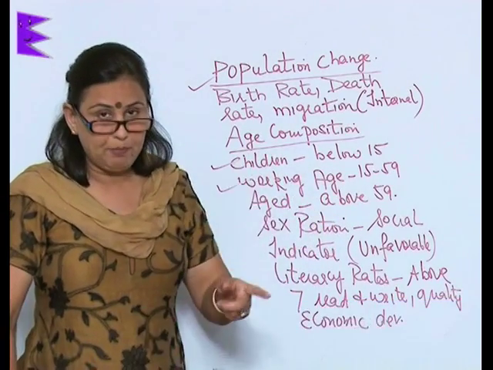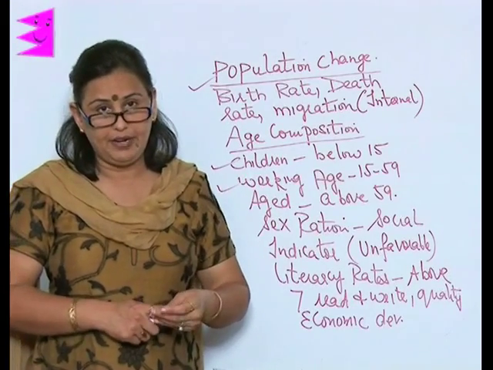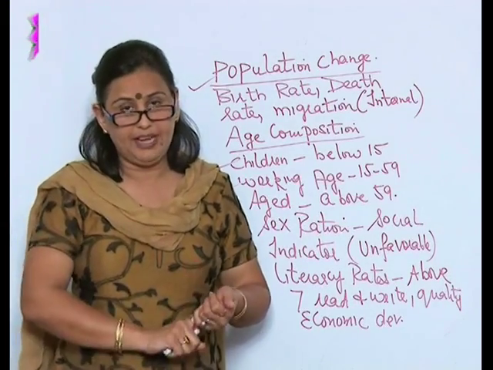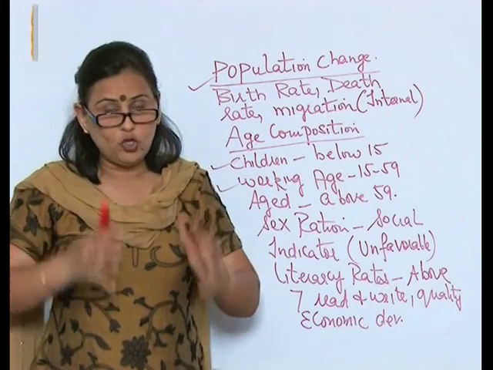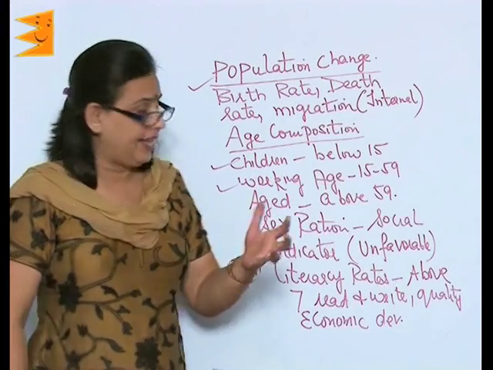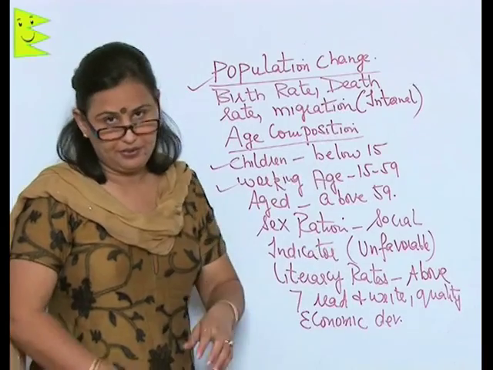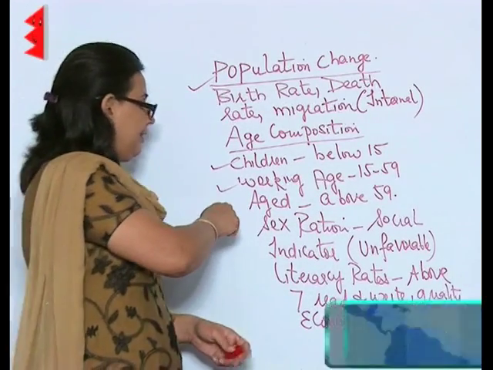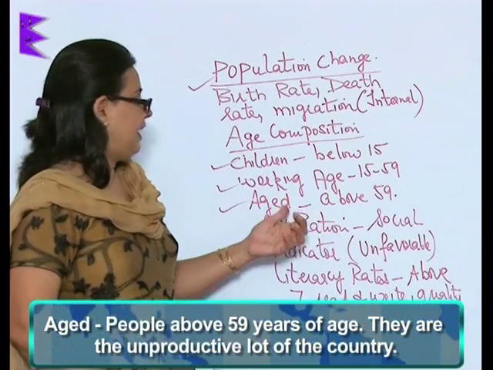That is, they are the people who are working, they are the human resources of the country, they are essential for the development of the country. The actual potential resource of the country is the working age population. Then the aged. All those above 59 are termed as aged.